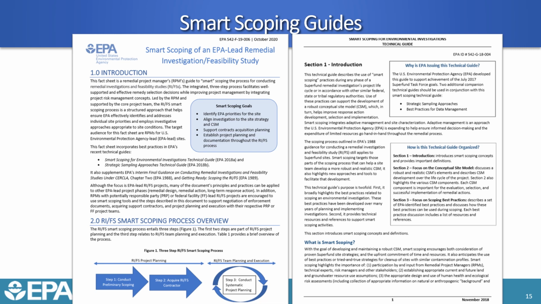And the one on the right-hand side is the technical guide to smart scoping, which dives more into the systematic planning processes and the different types of tools and technologies available to help with planning and scoping your projects.